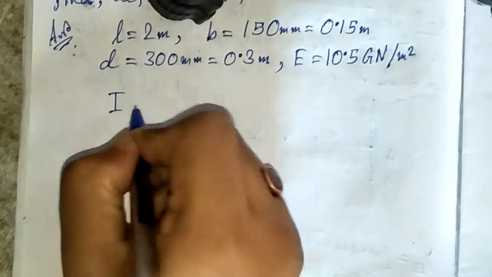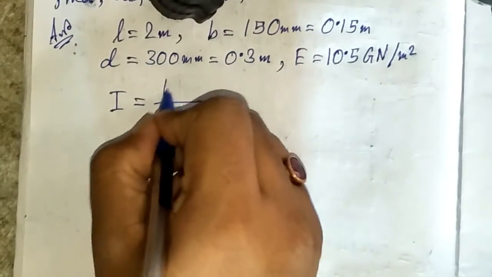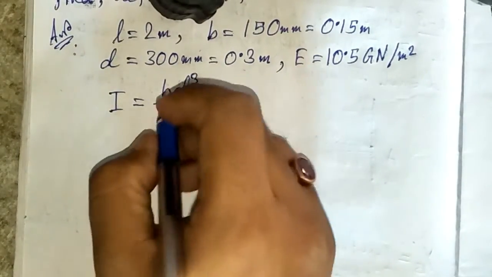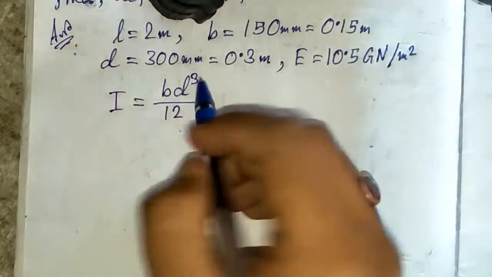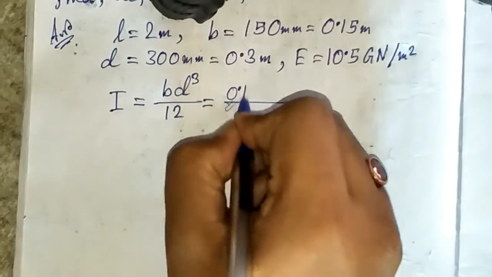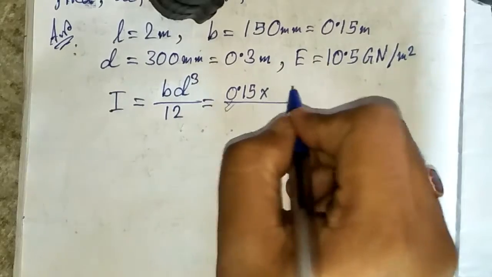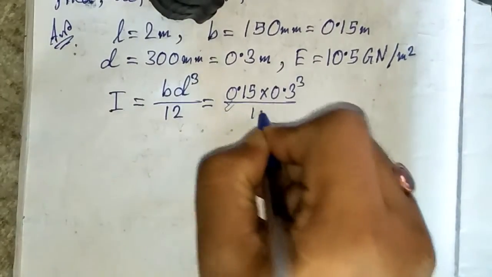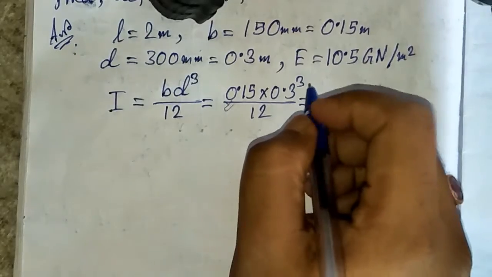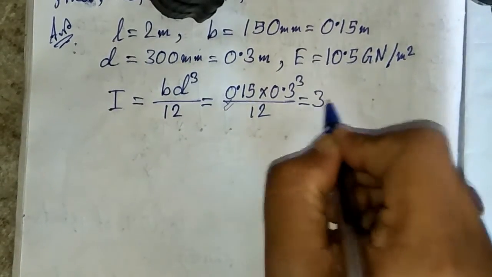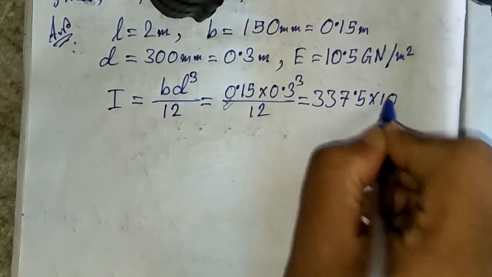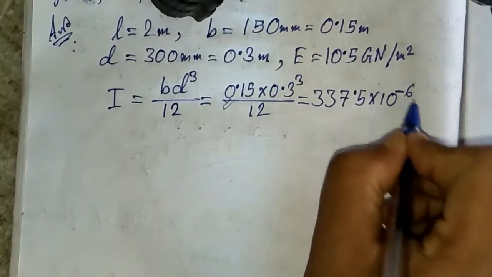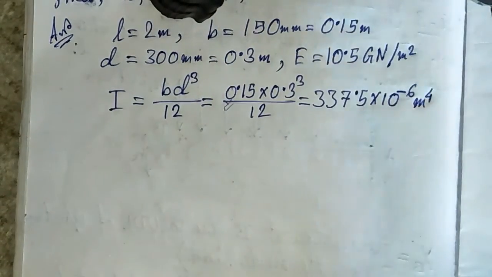So the value of moment of inertia I is B D cube by 12. By substituting the values of B and D, 0.15 into 0.3 cube by 12, we get the moment of inertia as 337.5 into 10 to the power minus 6 meter to the power 4. So this is the value of moment of inertia.